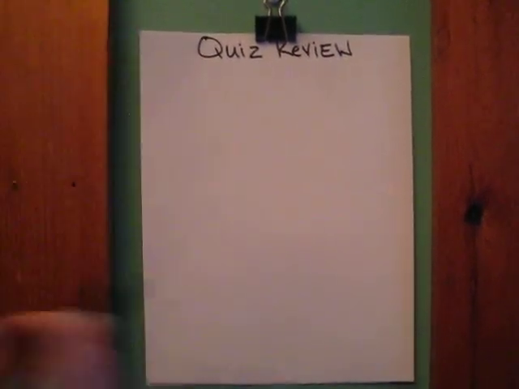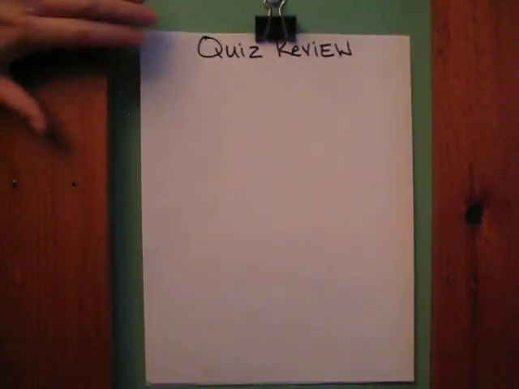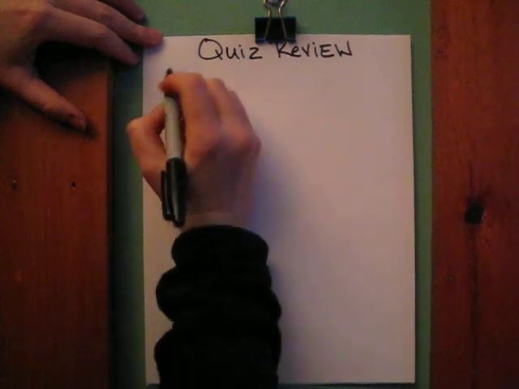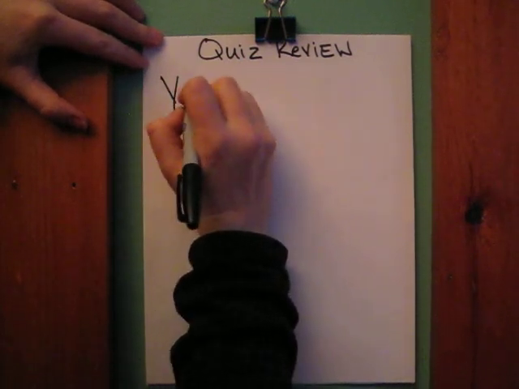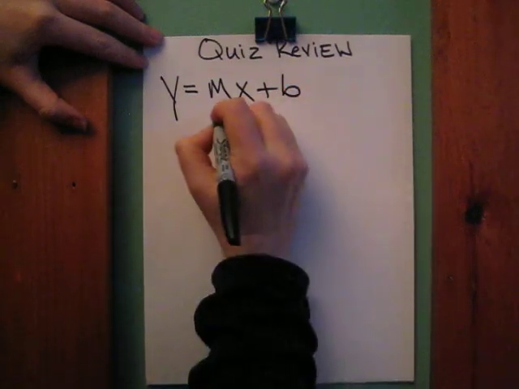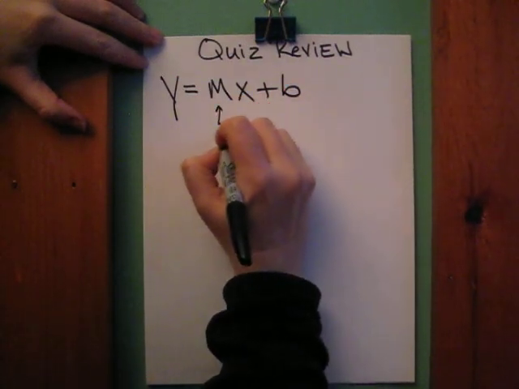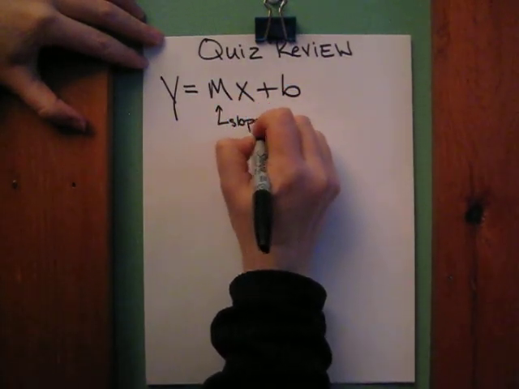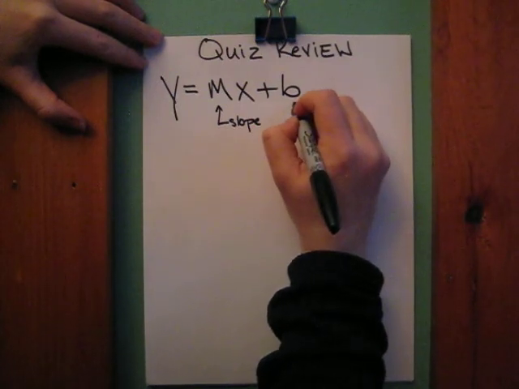The first one is writing in slope-intercept form, so I want to remind you that slope-intercept form is y equals mx plus b. M represents your slope, and b is your y-intercept.